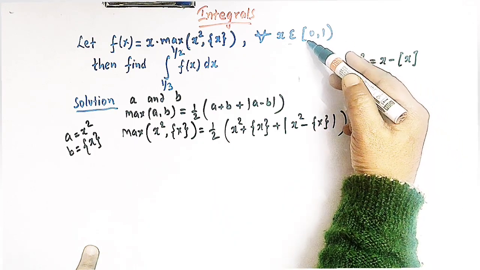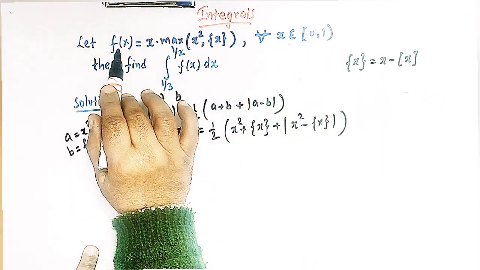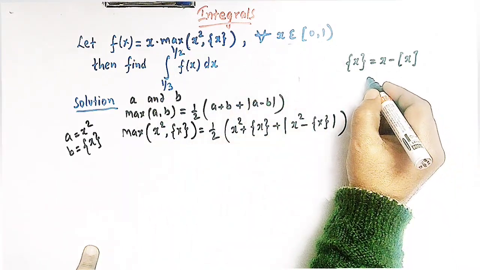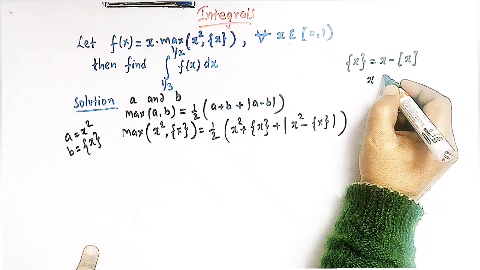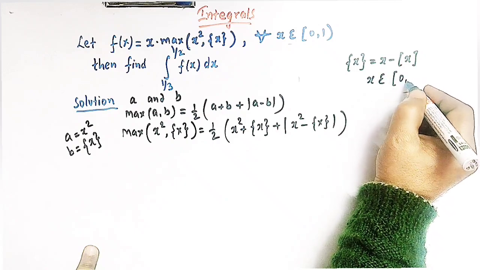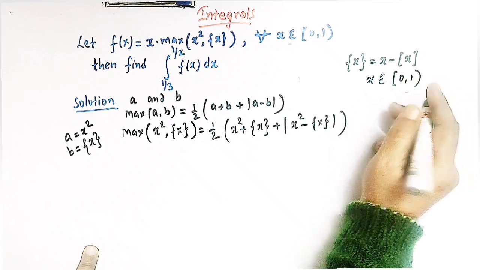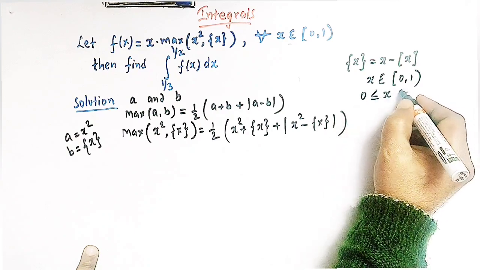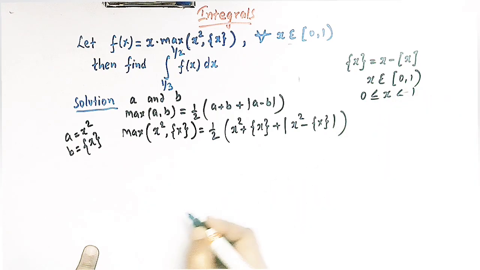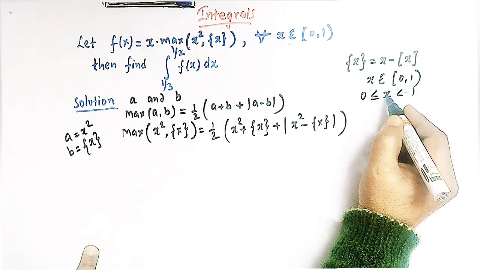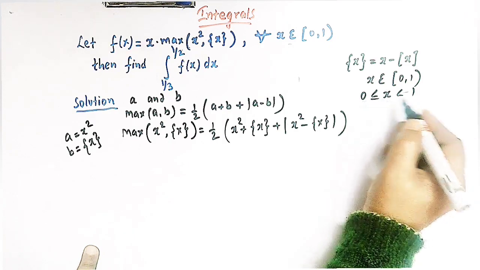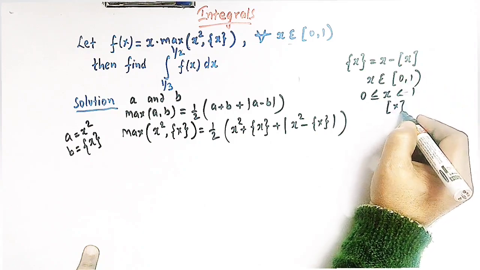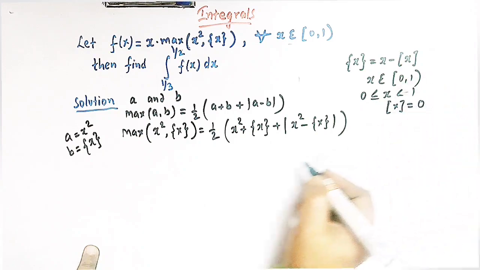And here we can see that this function f of x is defined for all values of x belonging to the interval [0, 1). So we can also write here x is greater than or equal to 0 but less than 1. So see, when x lies between 0 and 1 including 0, then the value of greatest integer of x should be equal to 0.